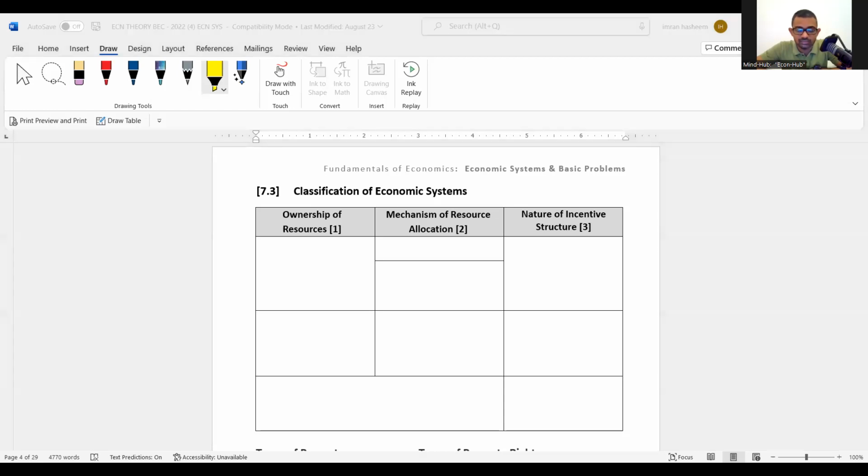We completed this last week. Is it correct? Yes, sir. Fine. So these three main institutional features are what we use.